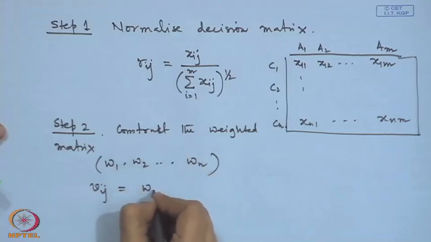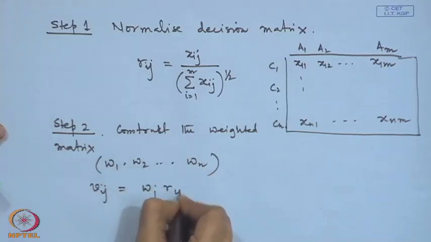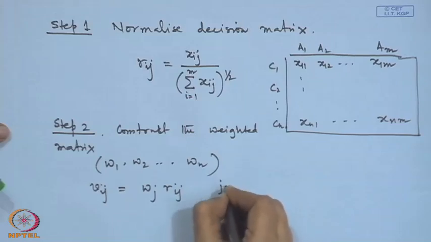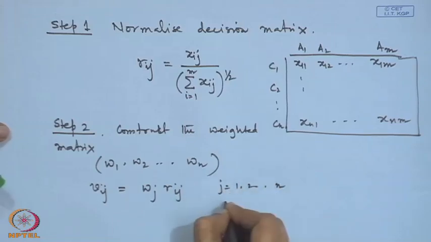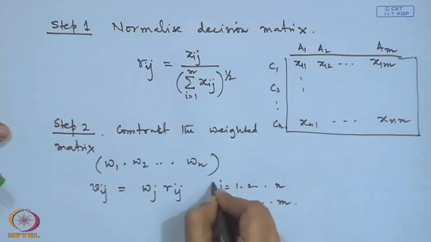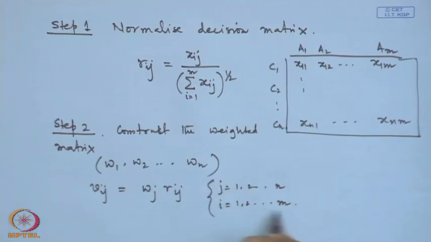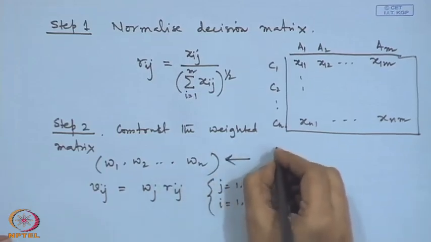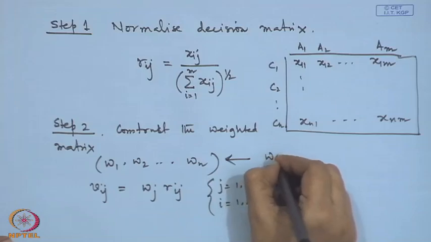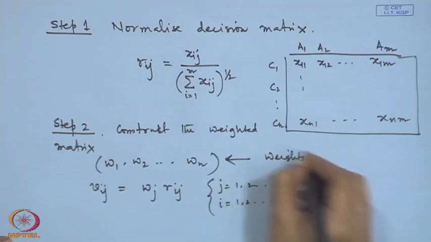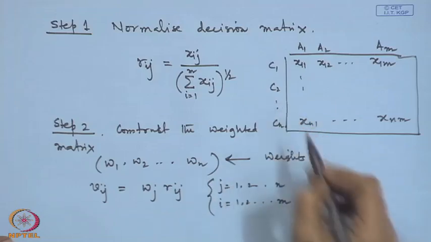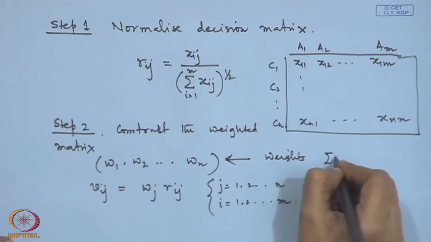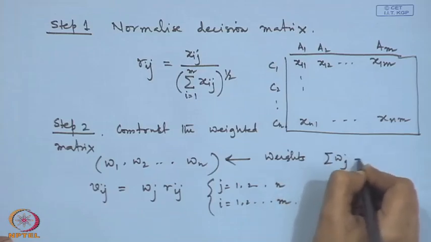This is equal to Wj times Rij, where j is running from 1 to n and i is from 1 to m. That means we have m alternatives with respect to n criteria, and if we have the information about the weights regarding the preference of criteria, where the summation of Wj over j is equal to 1.